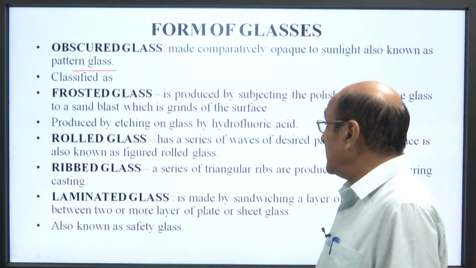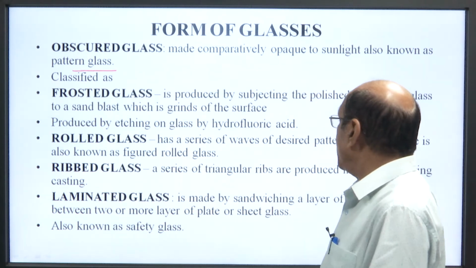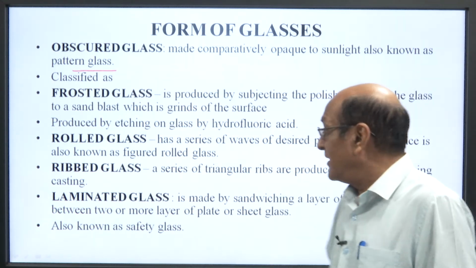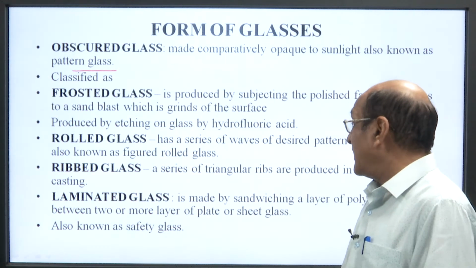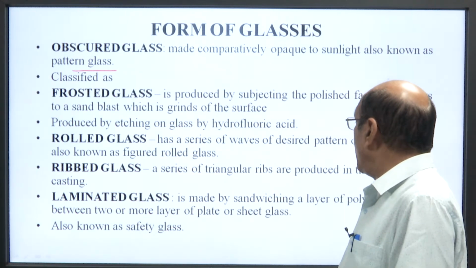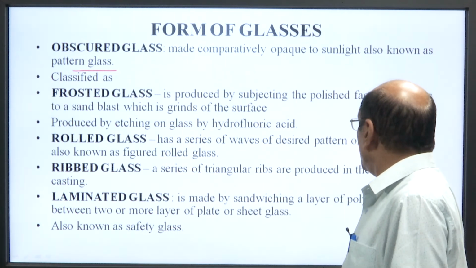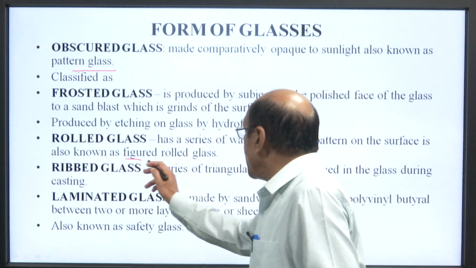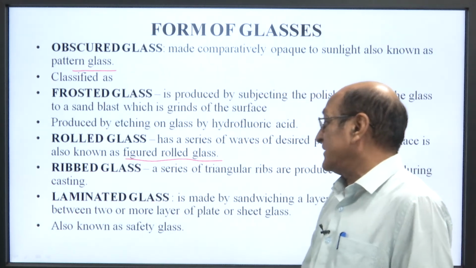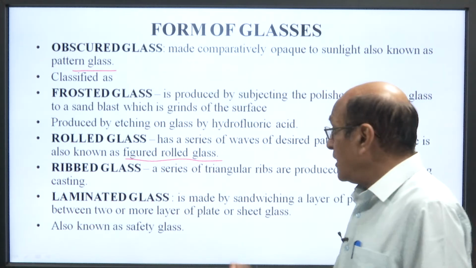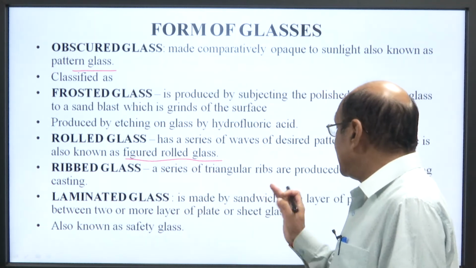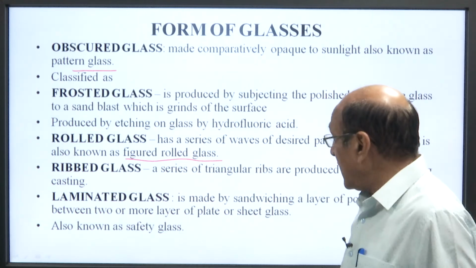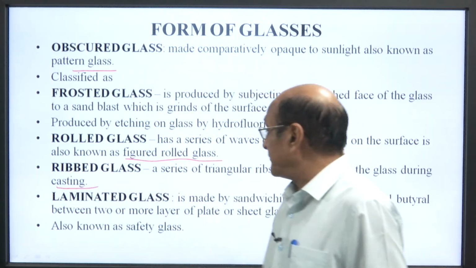It is also produced by etching on the glass with hydrofluoric acid. Then the rolled glass has a series of waves of desired pattern on the surface, also known as figure rolled glass. Now, come to the ribbed glass. A series of triangular ribs are produced in the glass during the casting.